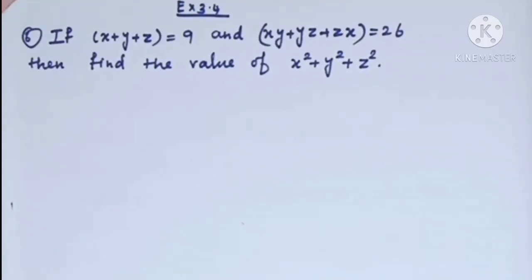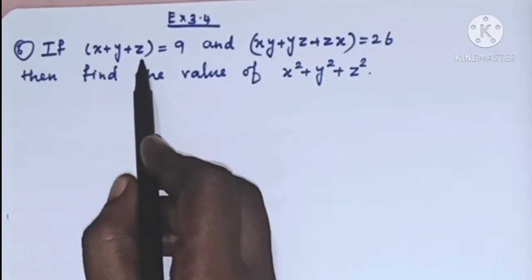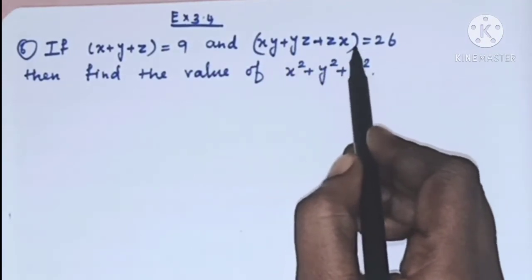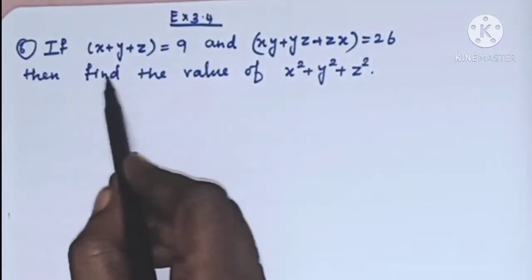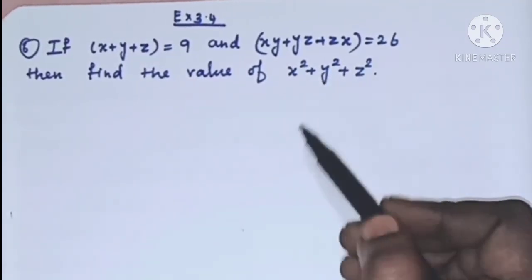Now, exercise 3.4, sixth sum. If x plus y plus z is equal to 9 and xy plus yz plus zx is equal to 26, then find the value of x square plus y square plus z square.